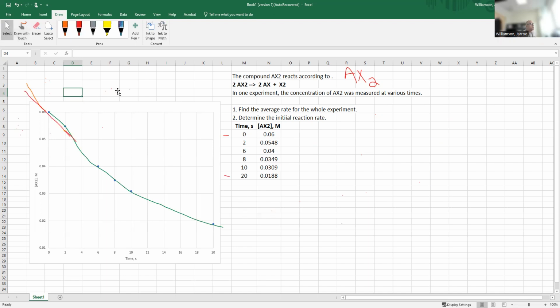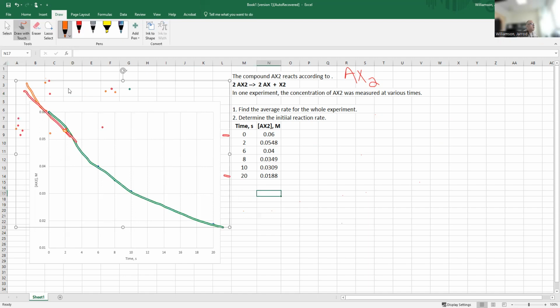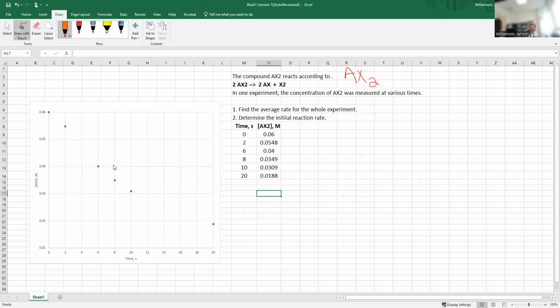Oh, here, let's do this. All right. So I'm going to take a point right here. That looks like that's about 0.052 and 2 seconds.